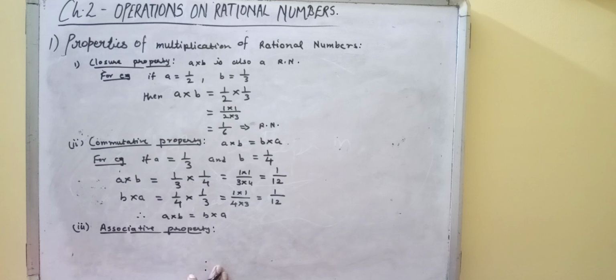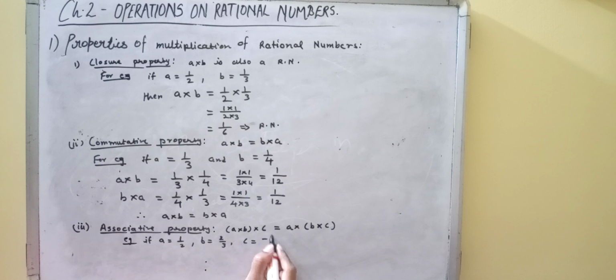That is, if A, B and C are three rational numbers, then A into B into C equals A into the bracket B into C. Let us verify this property by using one example. If A is 1 upon 2, B is 2 upon 3 and C is minus 1 upon 4.